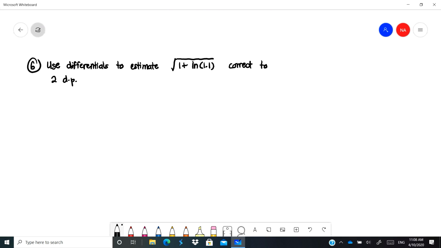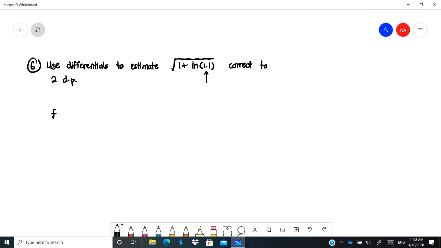So let's look at the last question here. All right, so we are given this function. So we know that the value of x is actually here, because this one is not 1.1, so we cannot substitute both of them. So just choose one here. In this case, 1.1 will be the x.